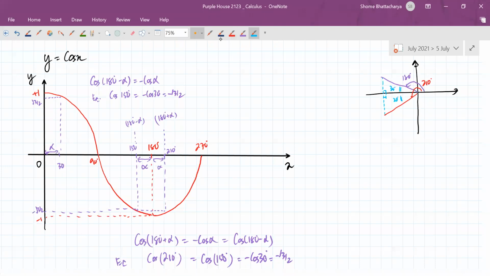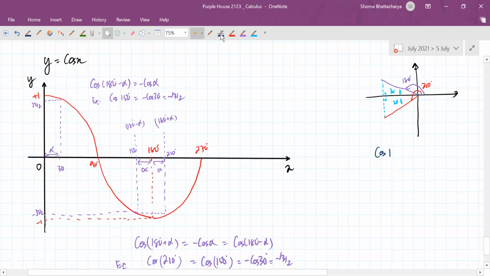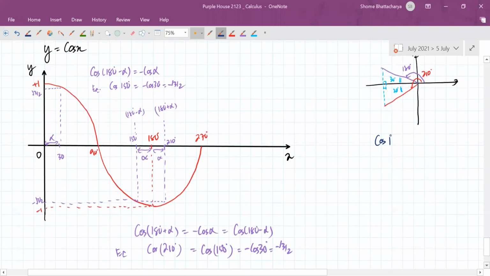So you can see the formula, how it's working out from here and there. So hence we are getting that cos 150 is the same thing as cos of 210, which is the same thing as minus cos 30. So this one should be 150.